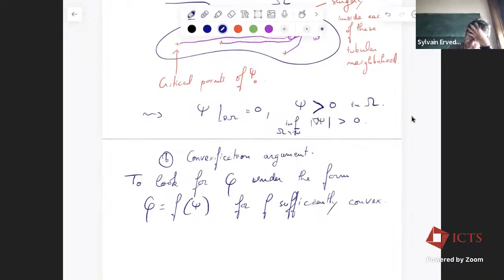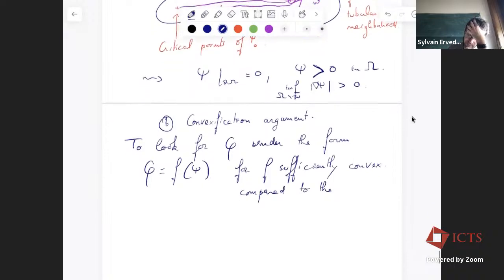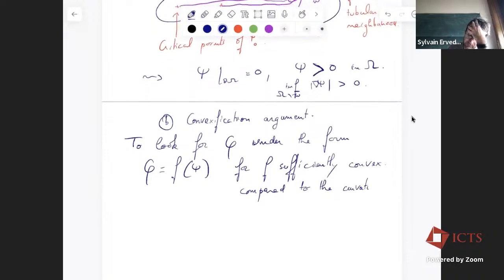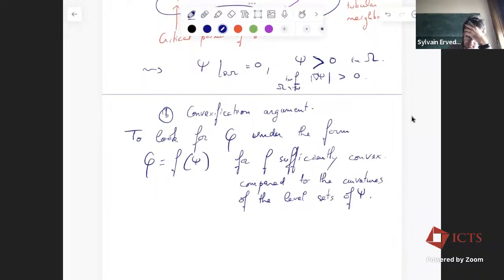So for f sufficiently convex compared to the curvatures of the level sets of psi, the typical choice is to take f of x equals exponential lambda x for lambda large enough.